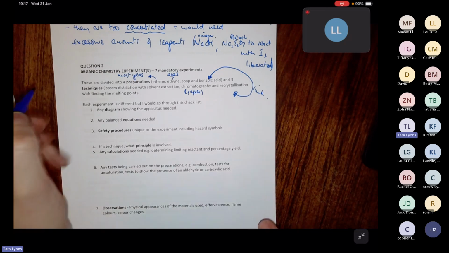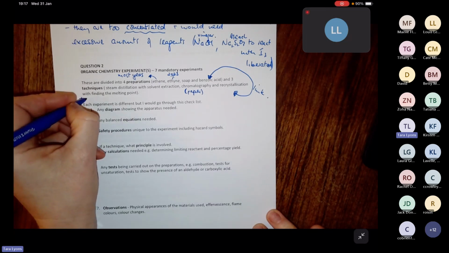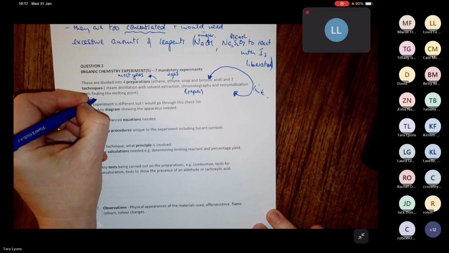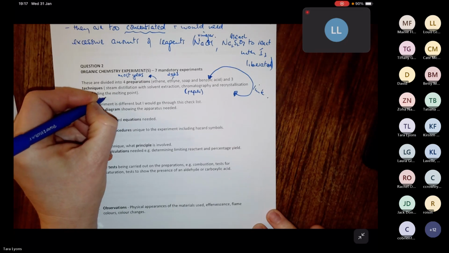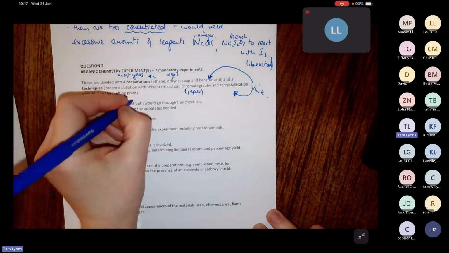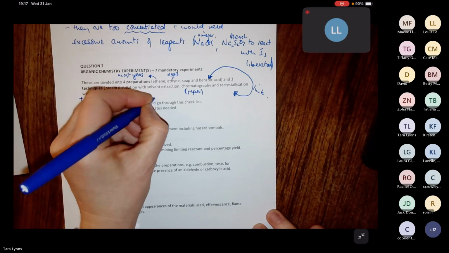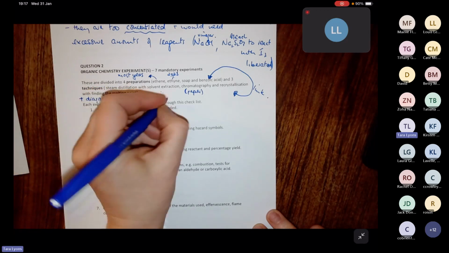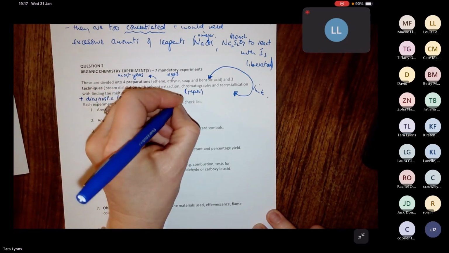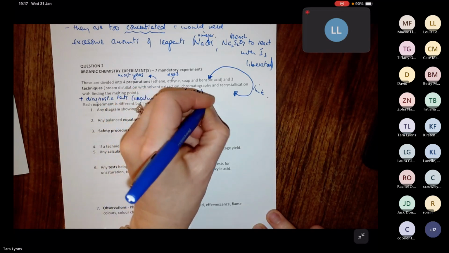And I am going to put in here, which I should have in there, your diagnostic tests, which is your one for unsaturation, the one for the presence of aldehydes, and the one for carboxylic acid.